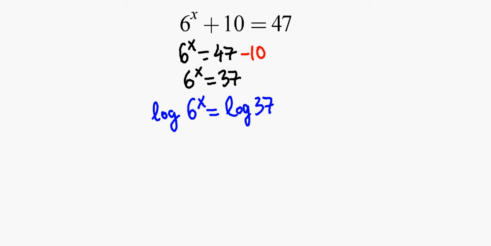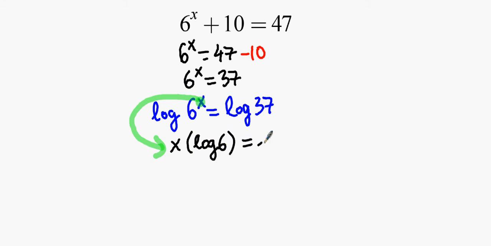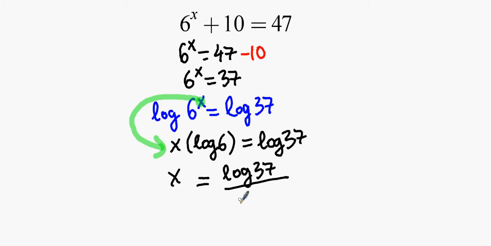Now that allows me to take that x and in the next step write that in the front. So x times log 6 equals log 37. And finally, to get my x, I'll just take that log 6 and I'm going to put it under the log 37. And I'm done.